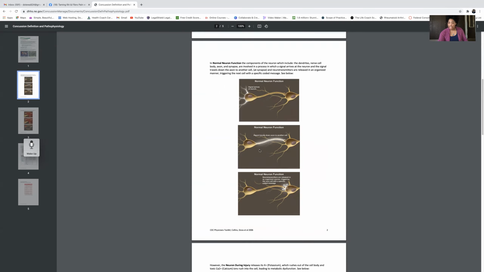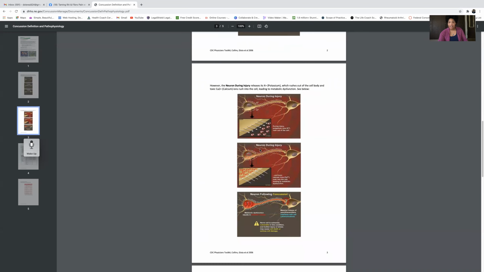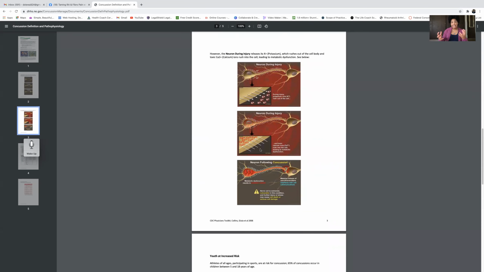And what a concussion does is it kind of disrupts that balance within the potassium and the calcium that is within the cells. And so again, it causes what's called a metabolic dysfunction. And basically it's like an imbalance of these different ions and electrical activity.